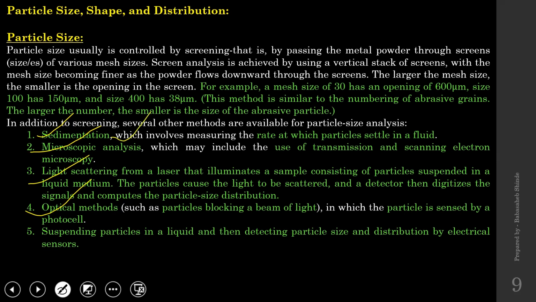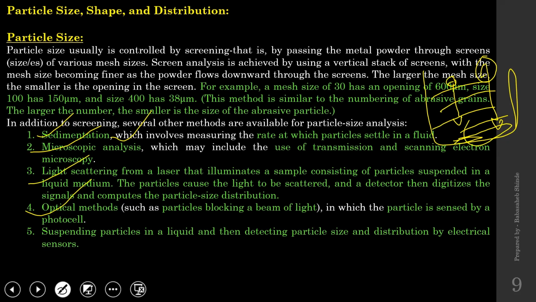In the first one, sedimentation, we put powders into a liquid, and we know that a smaller particle is going to take longer to settle at the bottom, whereas a larger particle will settle down quickly. So the time taken by the particle to settle down will be used to identify the particle size.